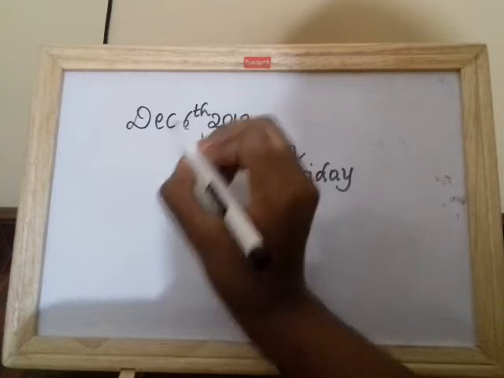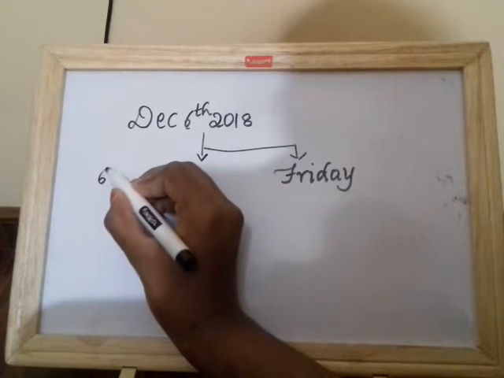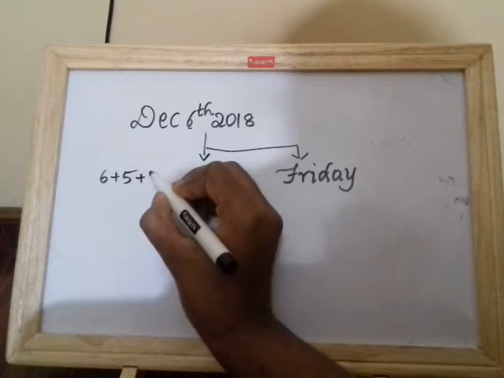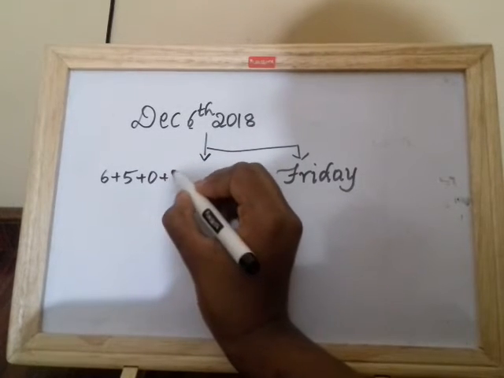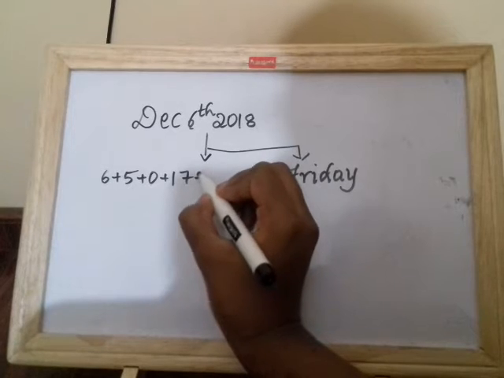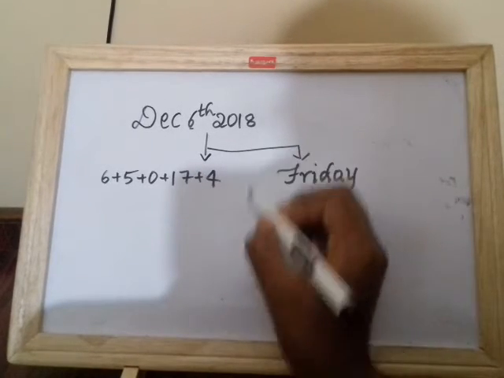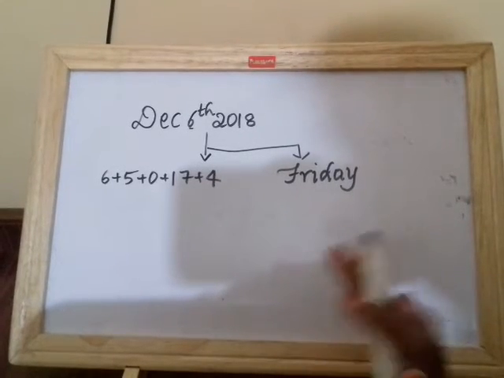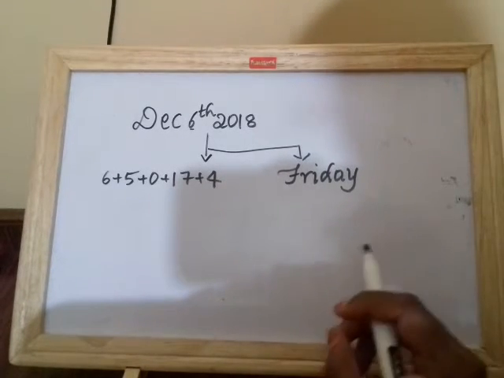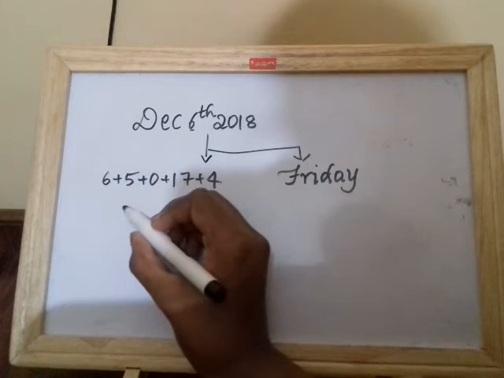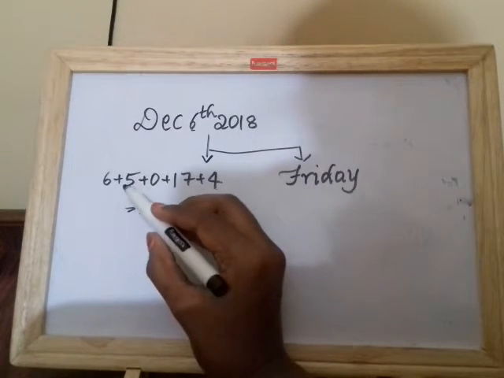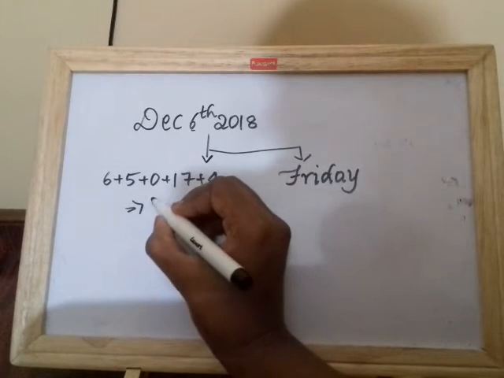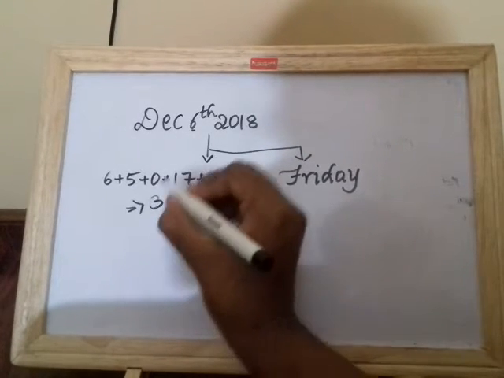First, day code, month code, 2000 is 0, 17 plus 4, right? And is 2018 a leap year? No. So the sum is 11, 15, 20, 32.